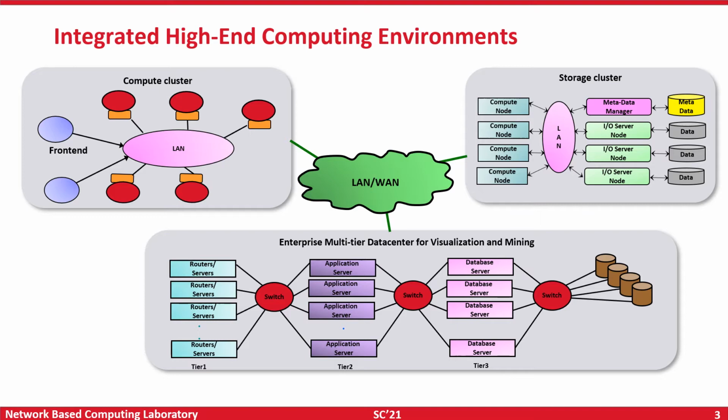Now, these clusters are not only available for computation, but these days clusters are also being used for storage, and for multi-tier data centers. And in some organizations, even these systems are being put together to design high-end computing environments. So in this context, the role of high-performance networks becomes very important, and that affects the design and deployment of these kinds of systems in the future.